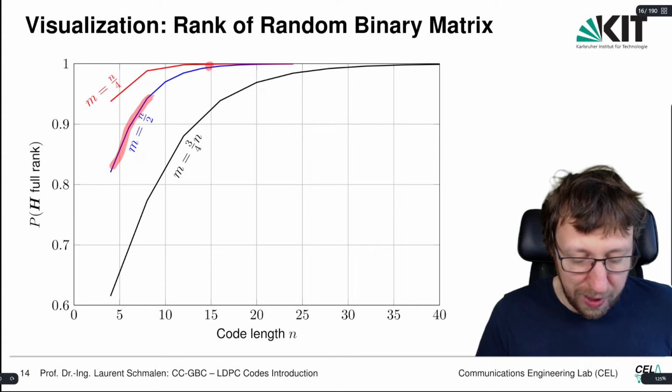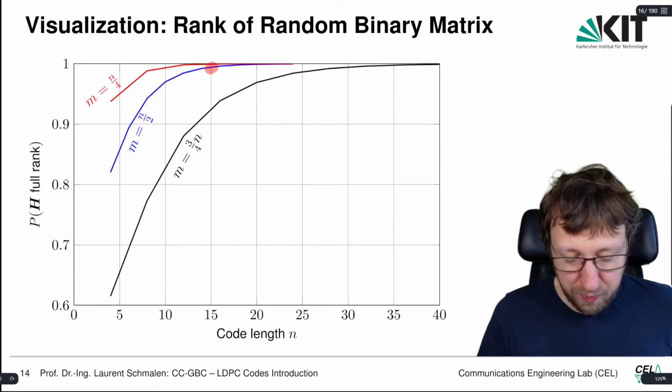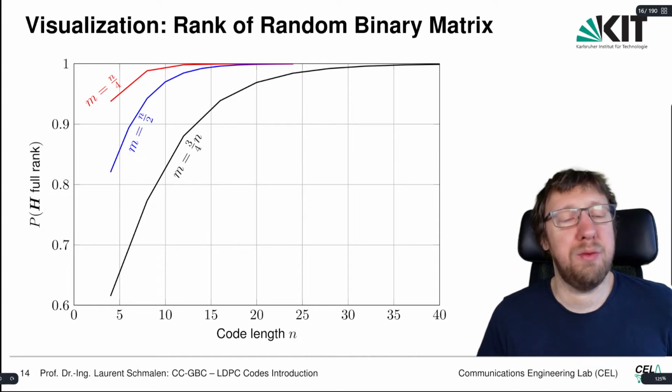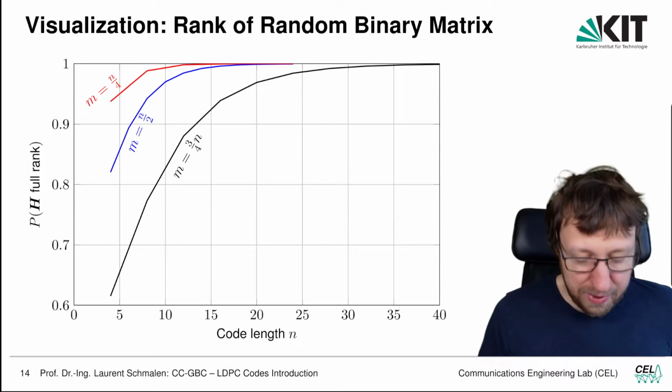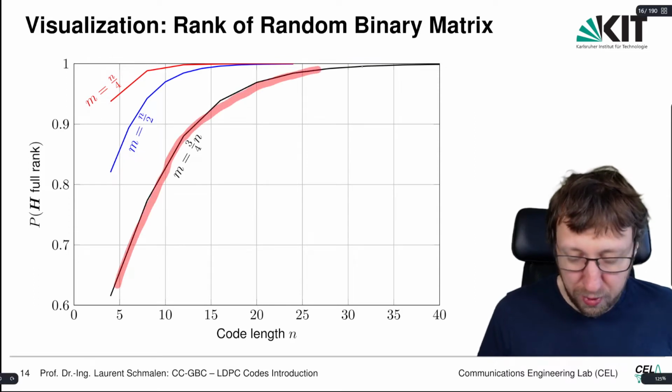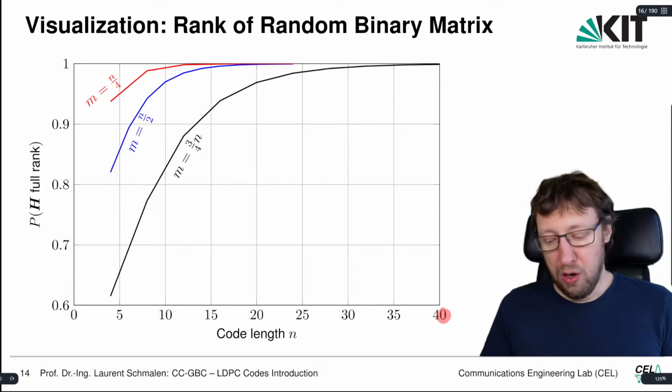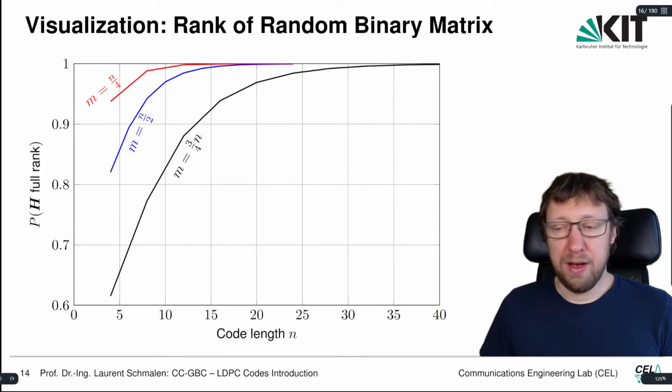For the rate 1/2 code, also here we see a probability that is close to 1, significantly larger than 0.99. And only for the rate 1 over 4 code, the convergence is slower. But already for length 40, we are also close to 1.